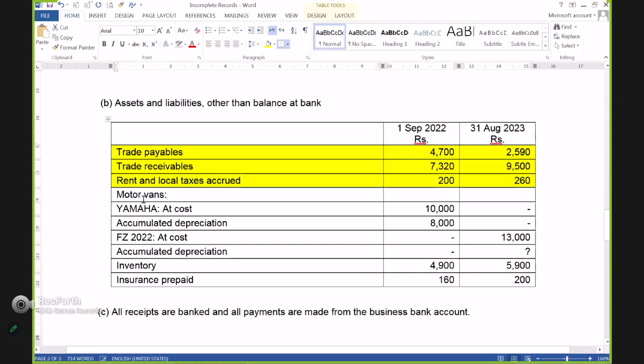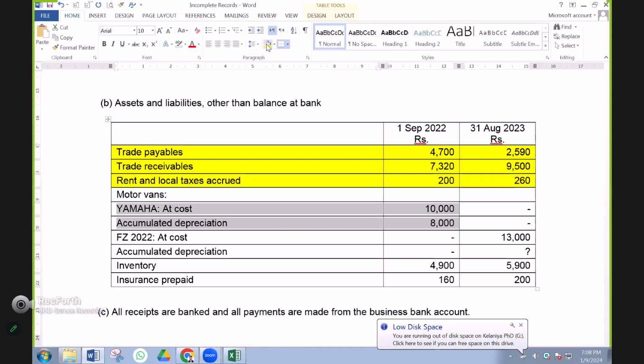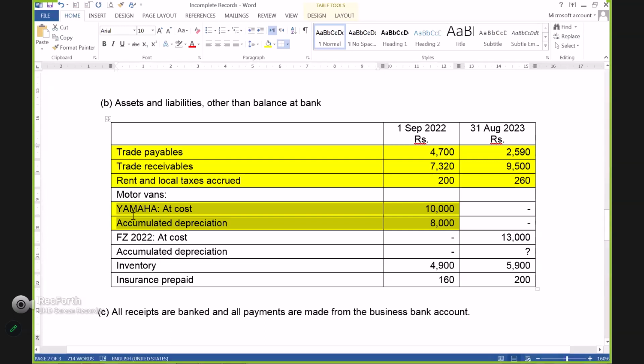Motor van. For the motor van, the cost and accumulated depreciations are given. So the opening cost and opening accumulated depreciations are given. One is a motor van, Yamaha, the other one is FZ 2022.